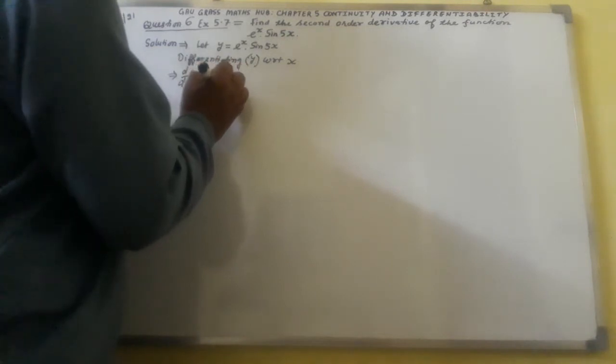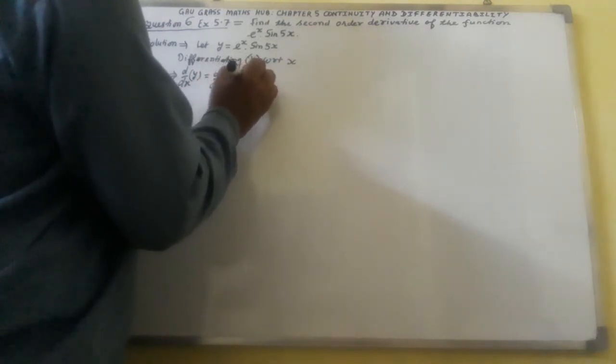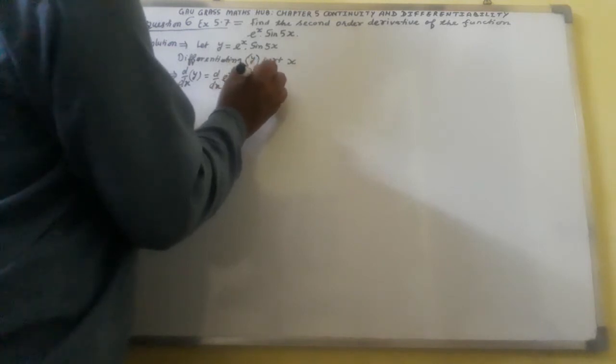Differentiating y with respect to x, here I shall write, implies that d over dx of y equal to d over dx of e raised to the power x dot sine 5x.